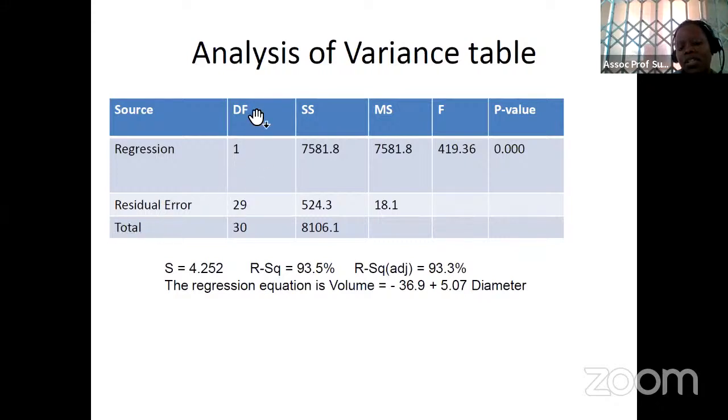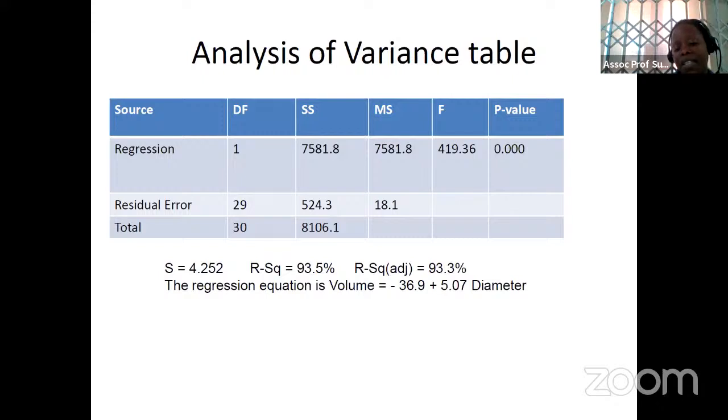Now let's concentrate on the degrees of freedom. We see that this is a regression between volume and diameter. The number of parameters we have are only two, the intercept and the slope. The degrees of freedom associated with the regression is either equal to the number of independent variables in the model, or it is equal to the number of parameters minus 1.